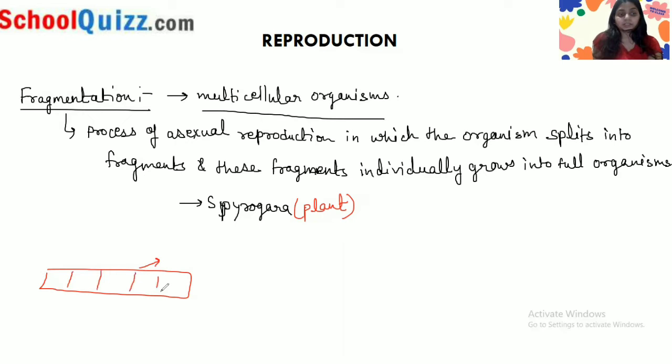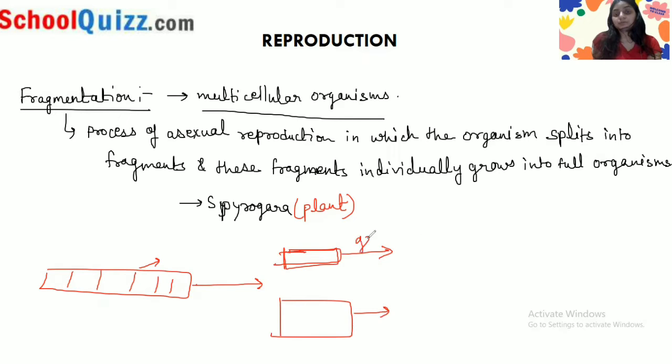Let's say this is a Spirogyra, and what is happening at the maturation stage? When it is mature enough, it breaks into two parts or many parts. Let's take two, it means it breaks into fragments, and these individual fragments grow into full Spirogyra.